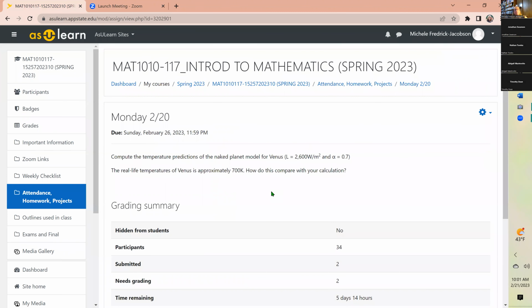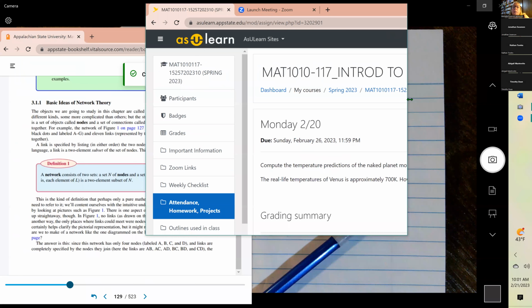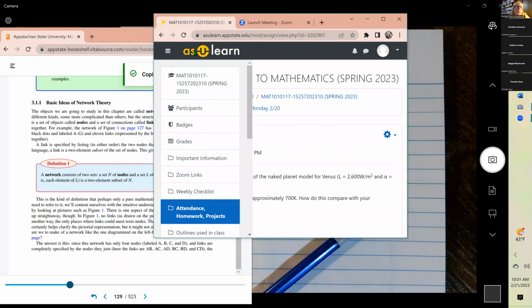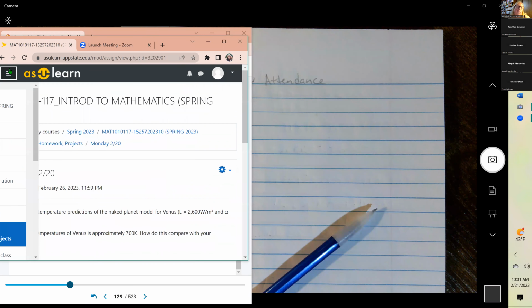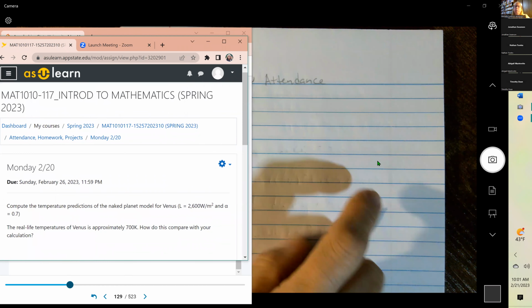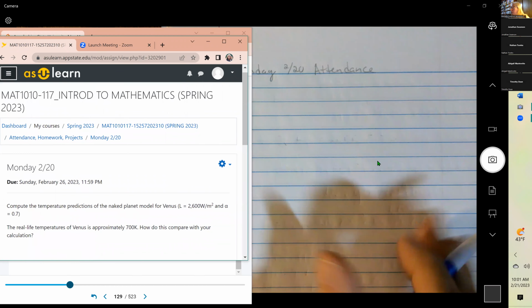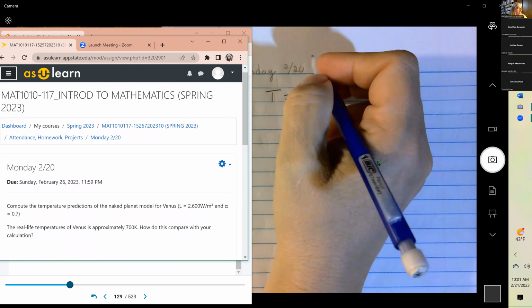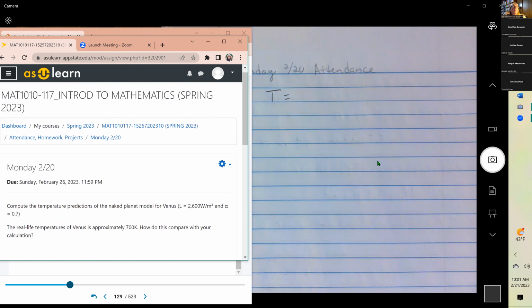There we go. So compute the temperature prediction of the naked planet model for Venus. The formula for the naked model, if you go in 2.4, it's at the very end.